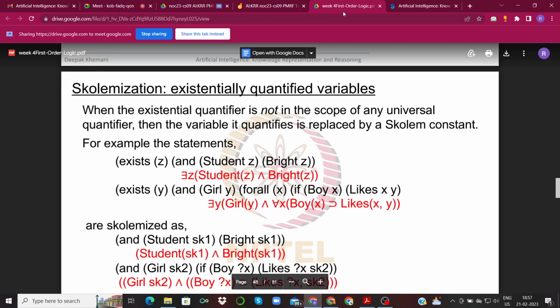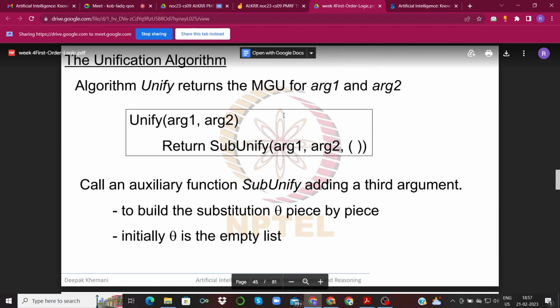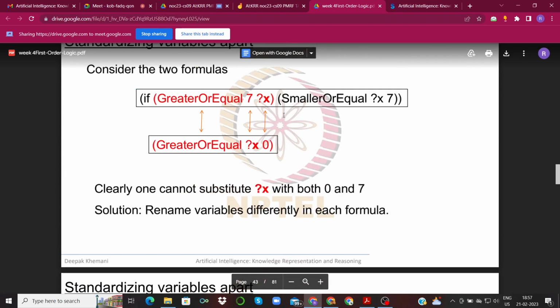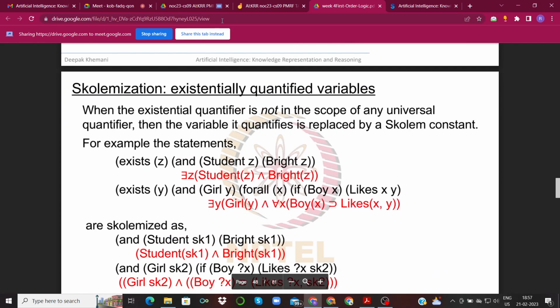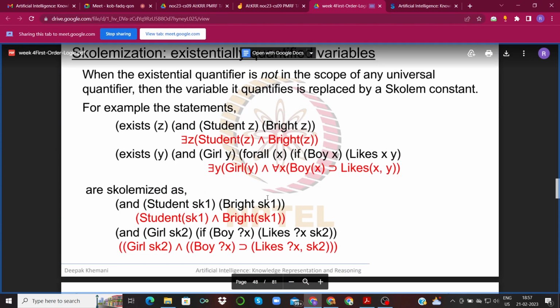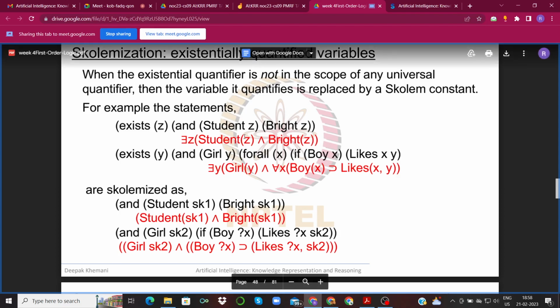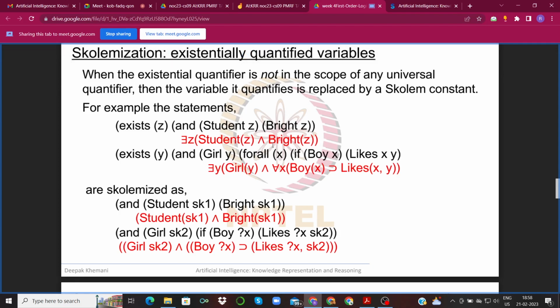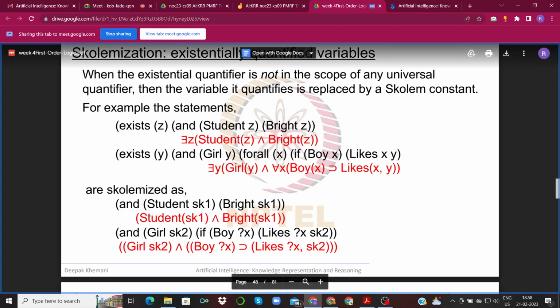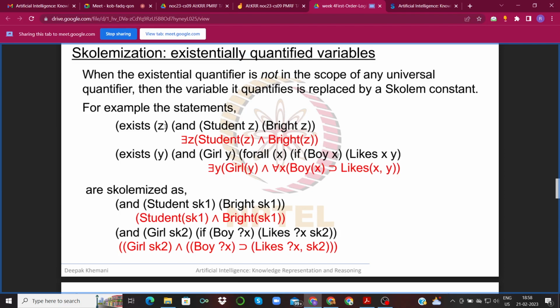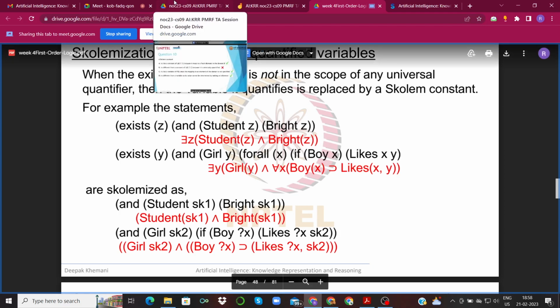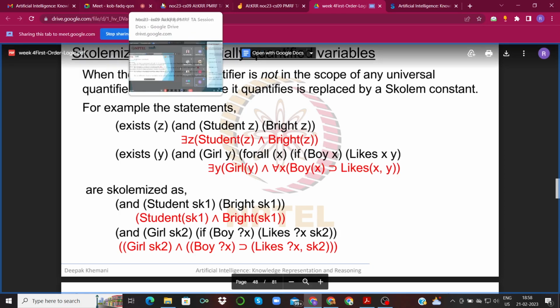If we go back to the example we had seen, exists z such that student z and bright z, we don't know what z stands for. z is a variable, and we are replacing z with another kind of variable, sk1. Everything else remains the same. We're just doing away with this existential quantifier. So in that sense, it is similar to a variable. That is what option C is trying to convey.